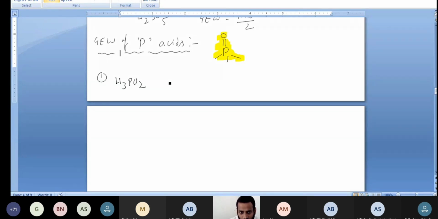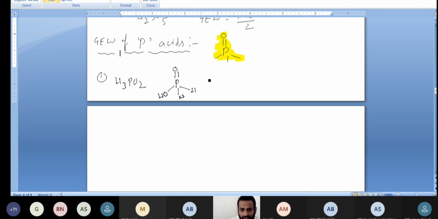So if you see hypophosphorus acid structure, P and double bond O is fixed. One P double bond O and 3 single bonds are fixed. So one oxygen has a double bond, and one more oxygen you have like OH. Okay. So here the remaining total 3 hydrogens, right? So here 1 hydrogen and here 1 hydrogen.